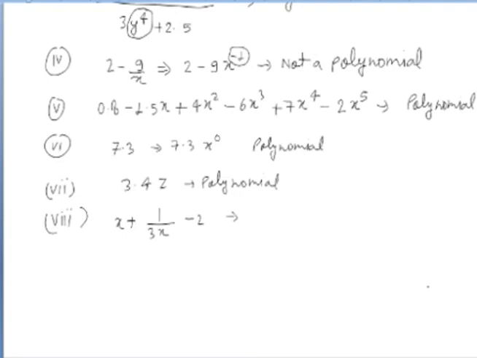So this is also not a polynomial because x is in the denominator. Okay, so in this way we have to find out which terms are polynomials and which are not.